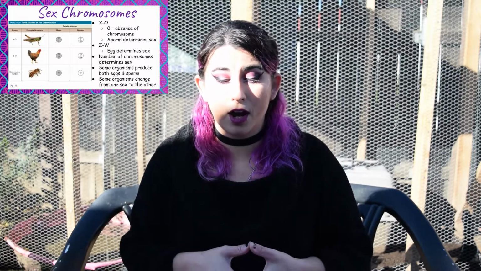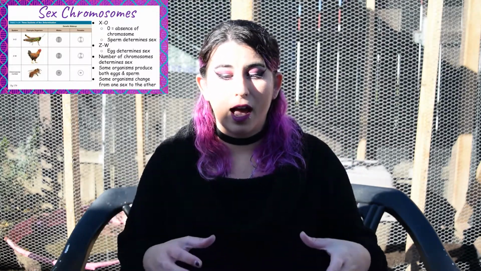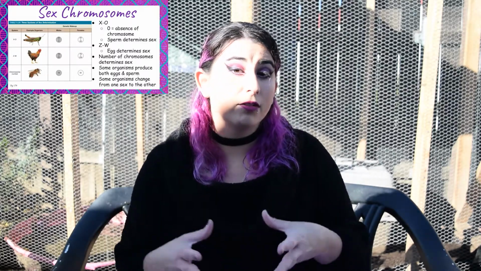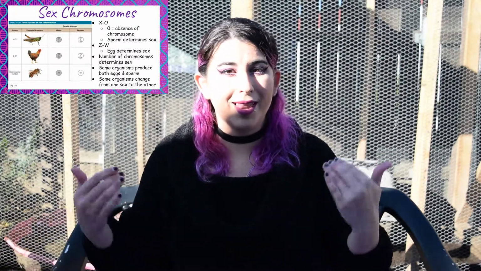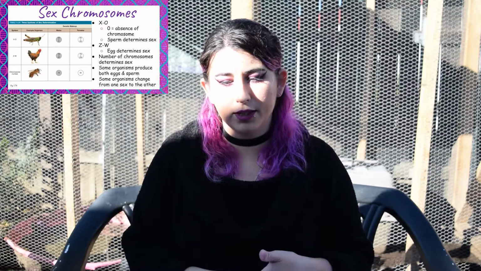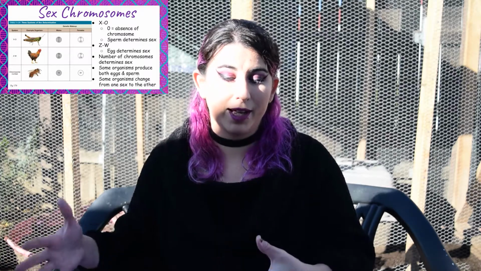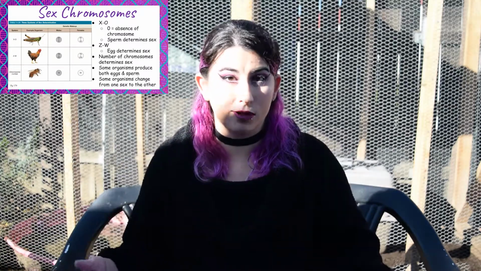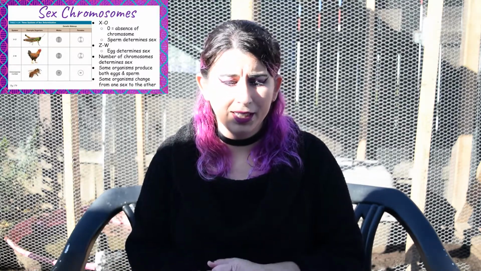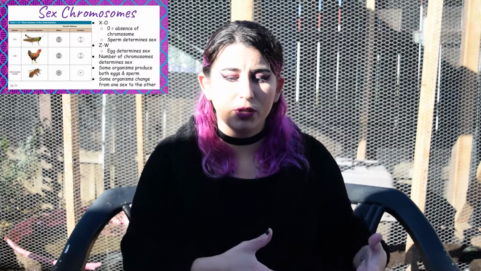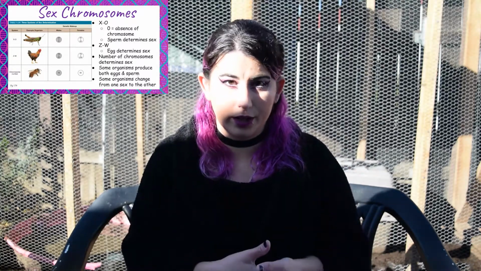So like in the grasshopper, the males have only 1 sex chromosome, just an X, and the females have 2 sex chromosomes. So like in the X and Y system with humans, it's going to be the sperm that determines the sex of the offspring, because the sperm can either have an X chromosome or it can have no sex chromosome.